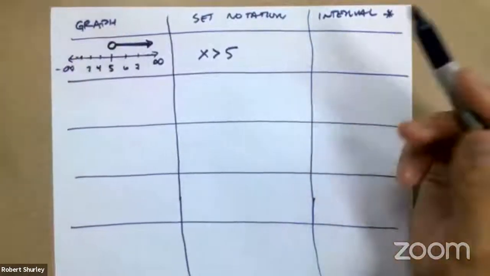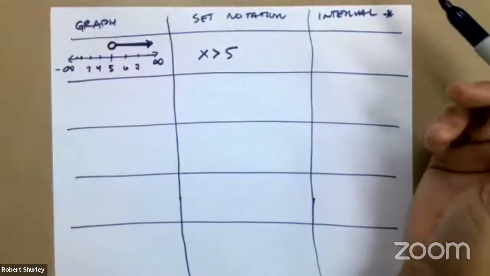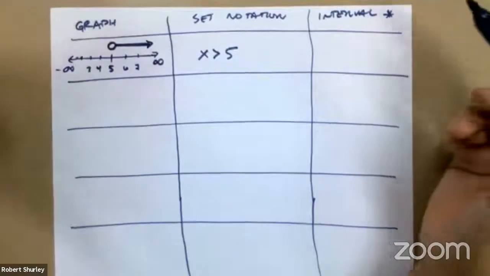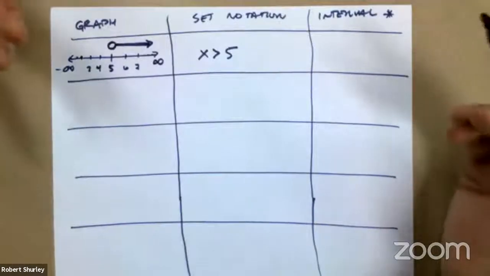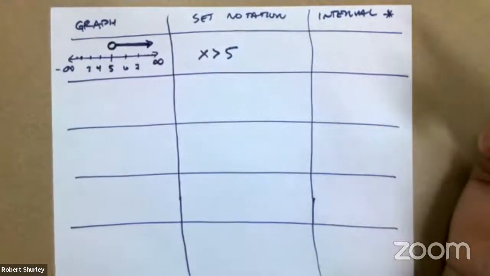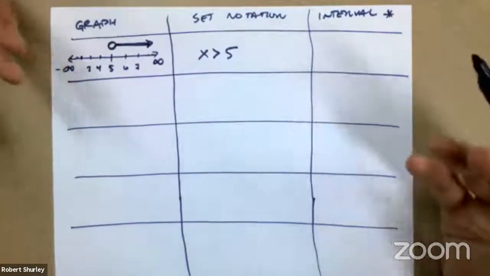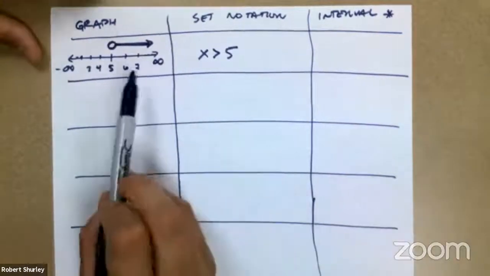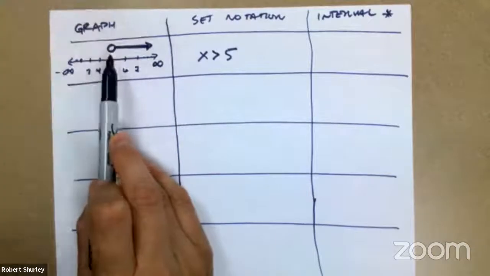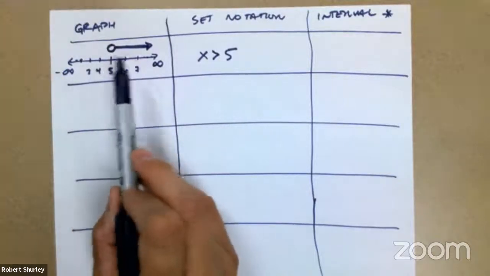Now, in interval notation, we use brackets and parentheses. Brackets mean something, parentheses mean something. A bracket means inclusion: it includes the endpoint, and a parenthesis means we go up to that endpoint, but we don't include it. This 5 is an endpoint on our interval.